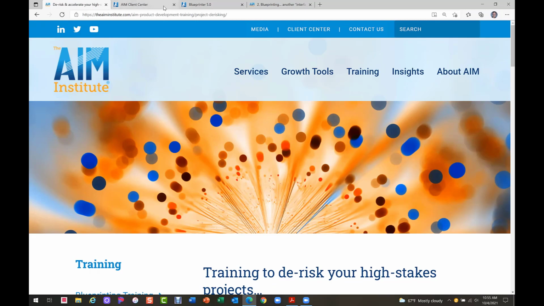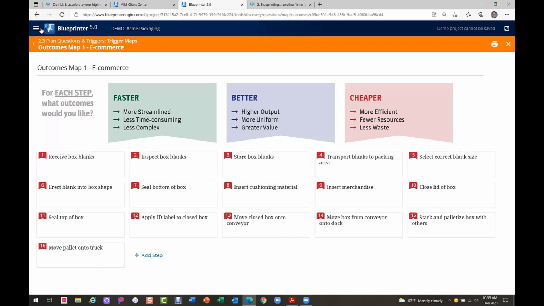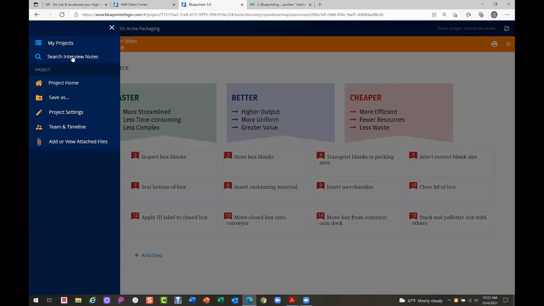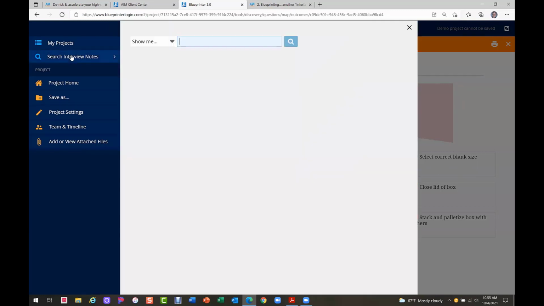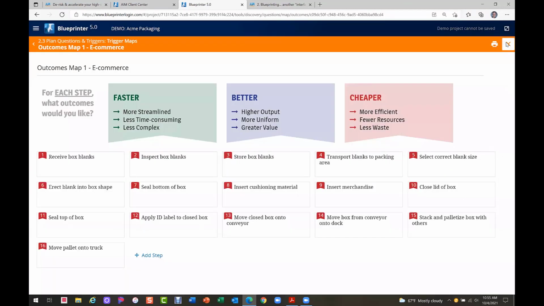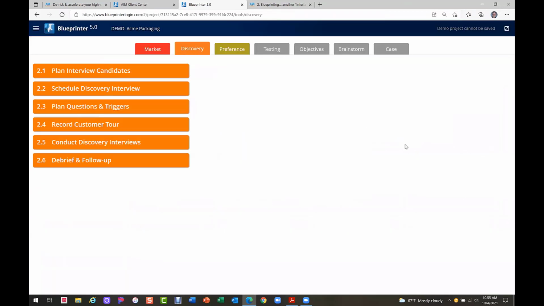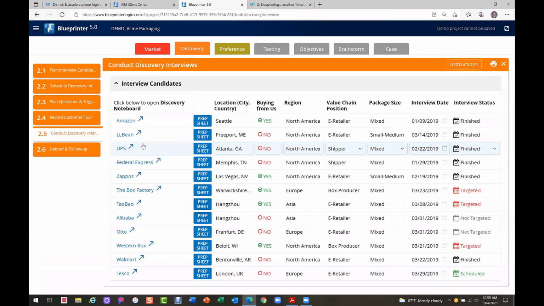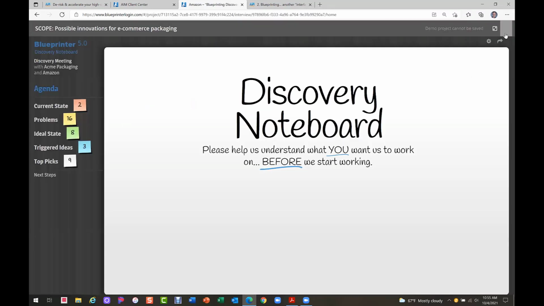However, here's what you could do. You're kind of triggering a thought here. You could come in here, you could do your searches. Well, okay. Yeah, the problem is picking ones that occur a lot becomes tricky. Yeah, that's the thing. This would be a little time consuming because once you get to your interview, let's say you're in the Amazon interview, what you can do is export all of your notes to Word.